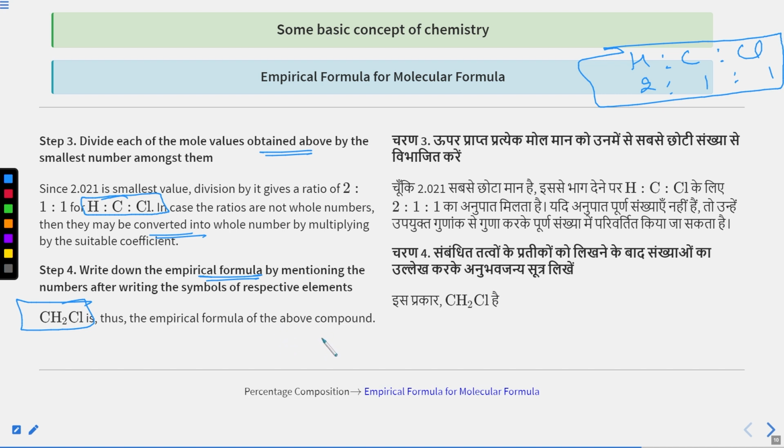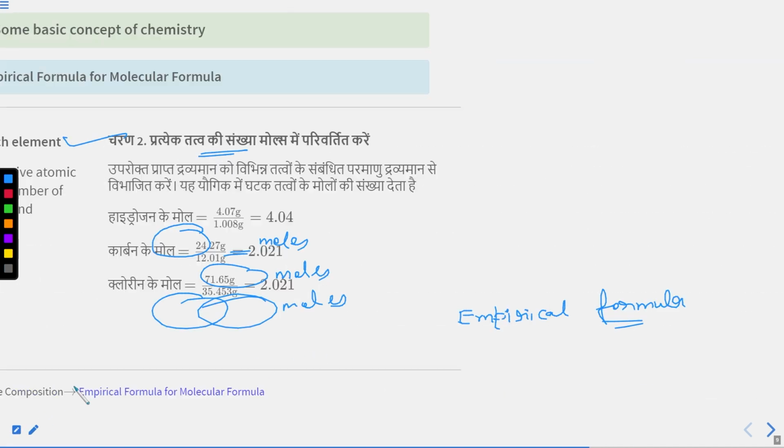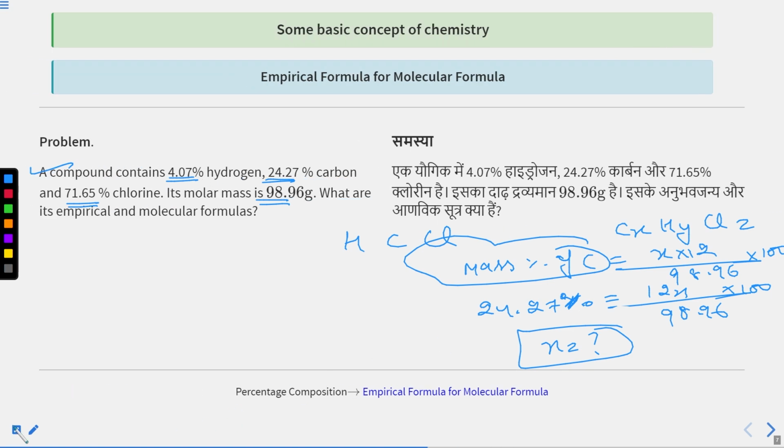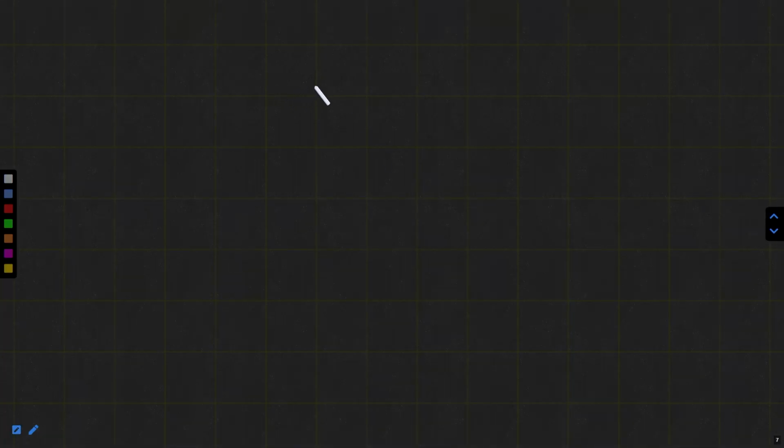If you want to calculate the molecular formula, how can you calculate? The molar mass is given, which is 98.96 gram. The empirical formula is CH2Cl.